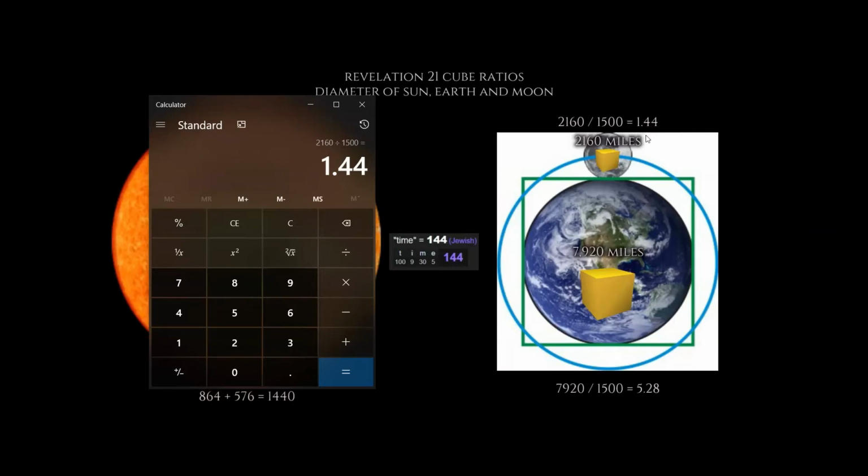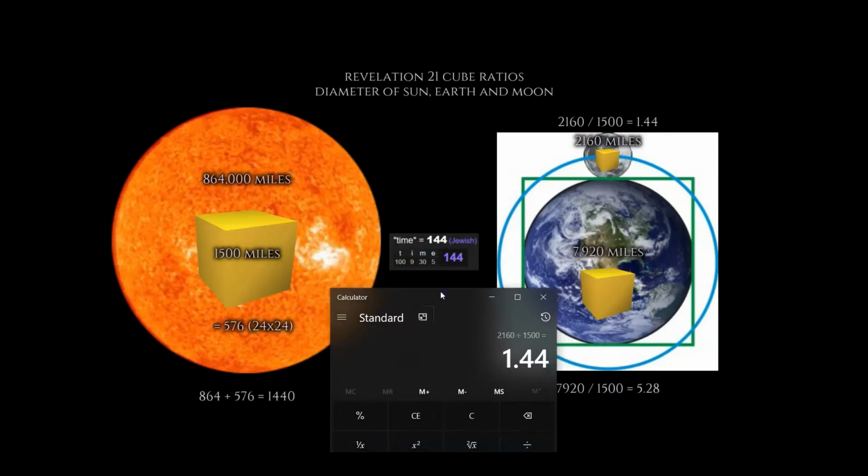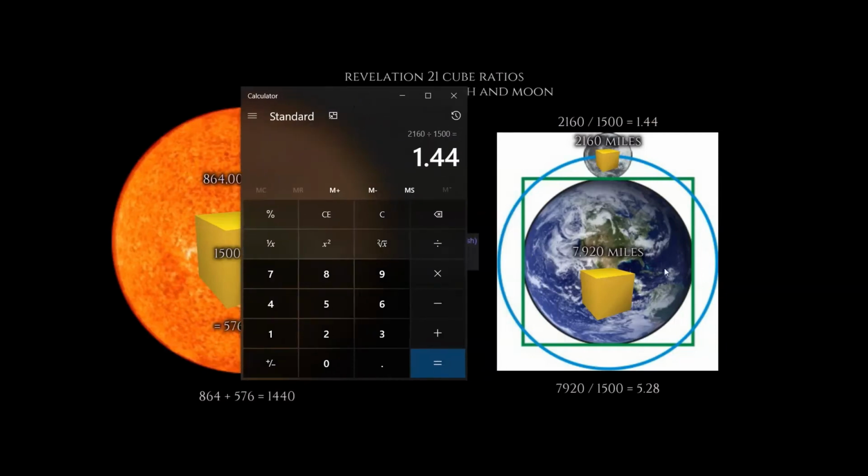Back to our time number, just have to move the decimal place a few places to get the minutes in a day. But this Revelation cube is very important to the ratios that were given, or the diameters that were given for the Sun, the Moon, and the Earth. And this is very important here, this relationship right here, the Moon and the Earth.